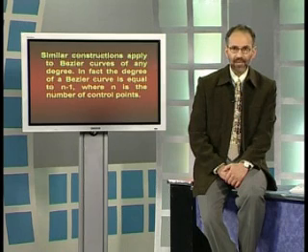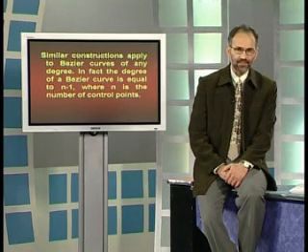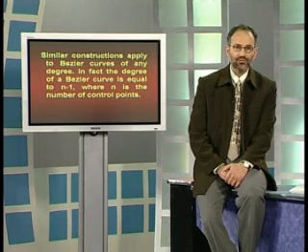Similar constructions apply to Bezier curves of any degree. In fact, the degree of a Bezier curve is equal to n minus 1, where n is the number of control points. So although we have tried to understand the concept using a very simple form where we had only 3 points A, B, and C, the fact is that we can have as many control points as we like.